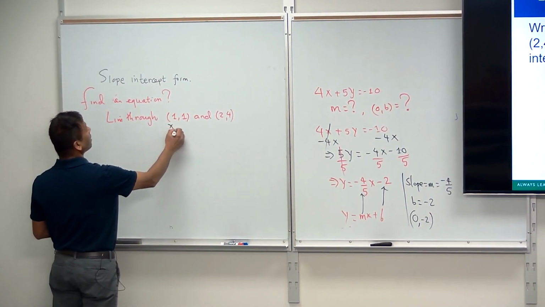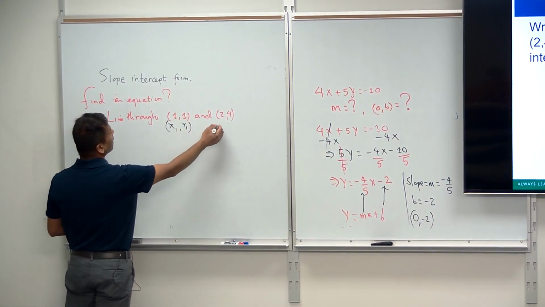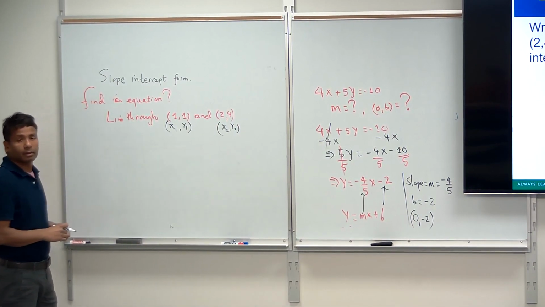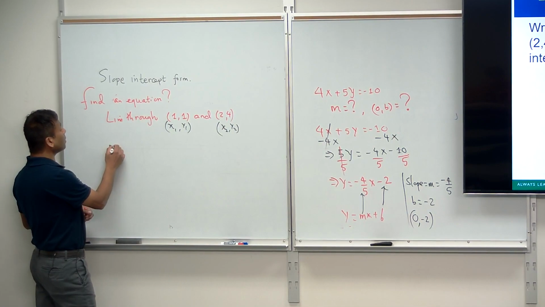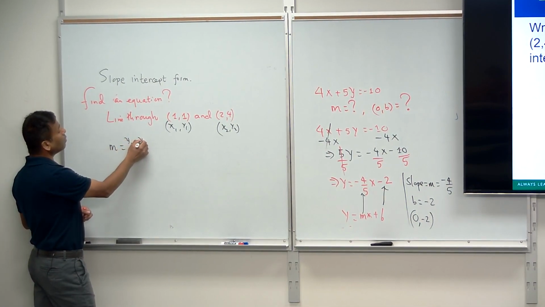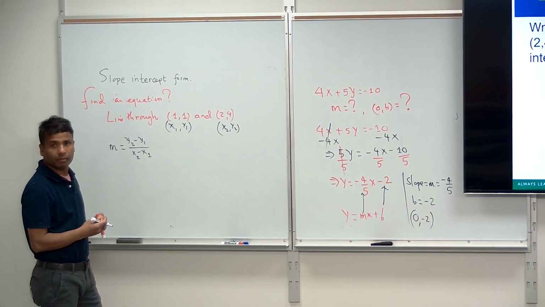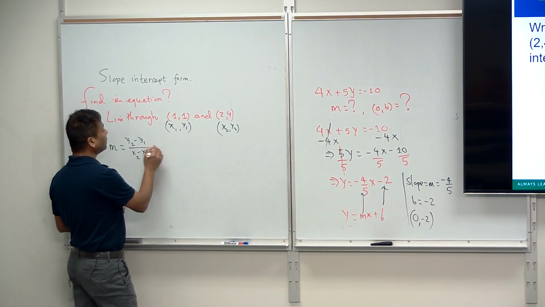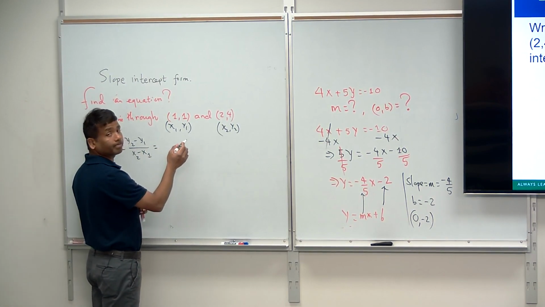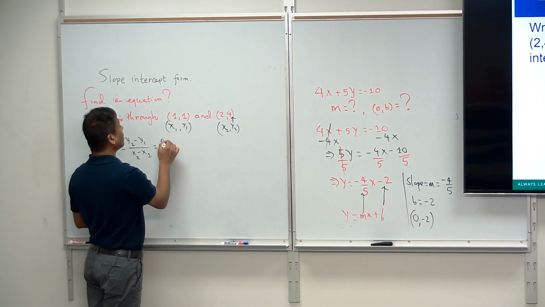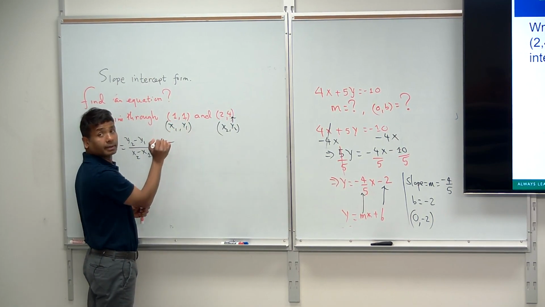Let me consider this point as (x1, y1) and this point as (x2, y2). How do you find the slope? The slope is y2 minus y1 over x2 minus x1. Your y2 is 4, minus y1, which is 1.